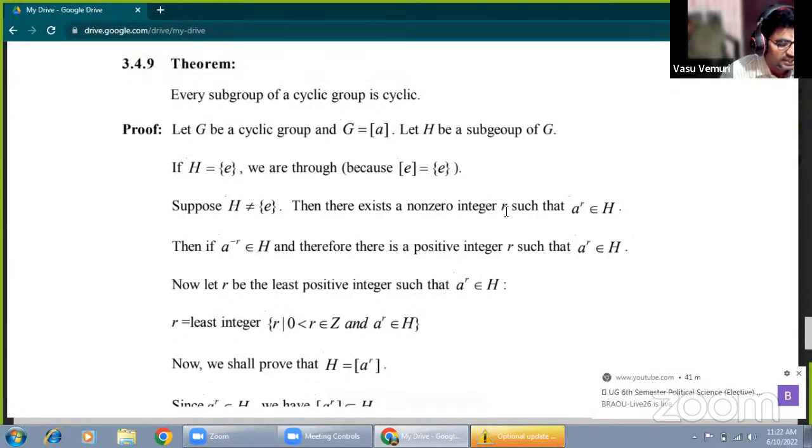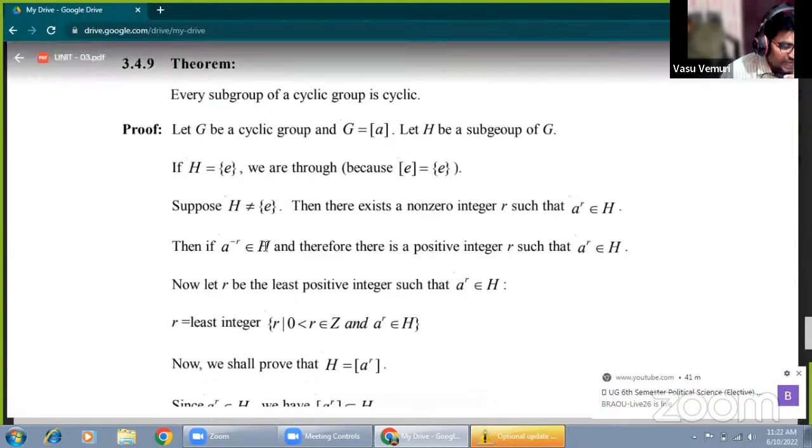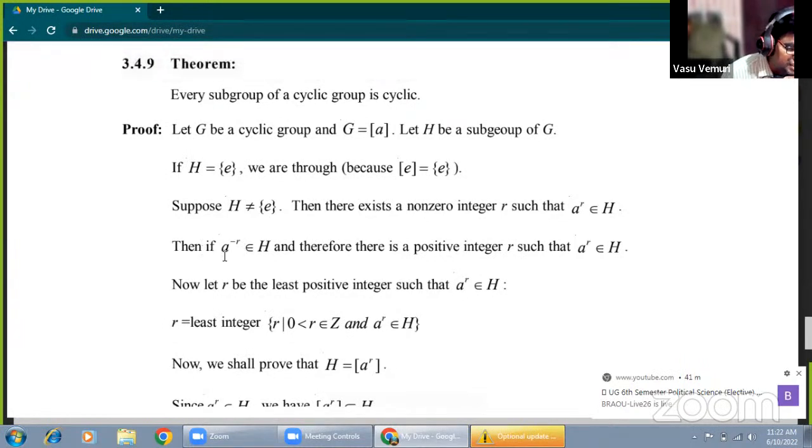Then its integral power a^r belongs to H. Now we know that in an infinite cyclic group, a^1 and a^-1 are the two generators. Since r is an integer, negative integers also occur here, so a^-r also belongs to H. Therefore, there is a positive integer r such that a^r belongs to H, and the inverse of the generator is also a generator: a^-r also belongs to H. Let r be the least positive integer such that a^r belongs to H, where r is greater than 0.